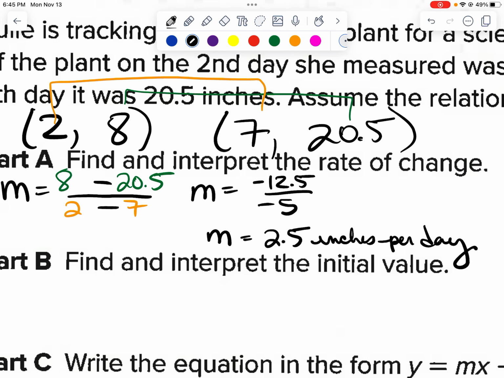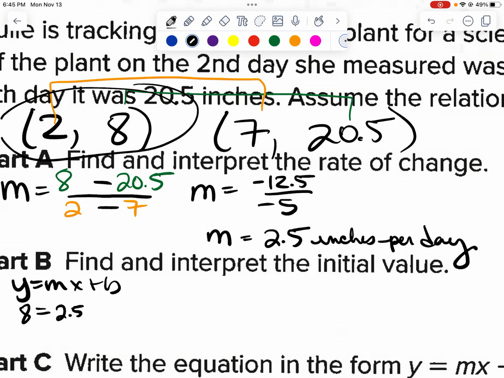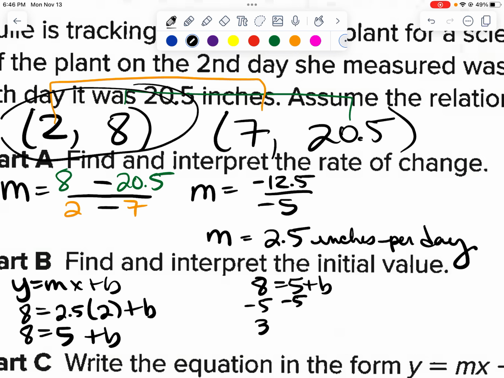Okay, so find and interpret the initial value. So y equals mx plus b. And I'm going to use this point right here. So my y value is 8. My m value is 2.5. My x value is 2, plus b. So 8 equals 5 plus b. Subtract the 5, 3.